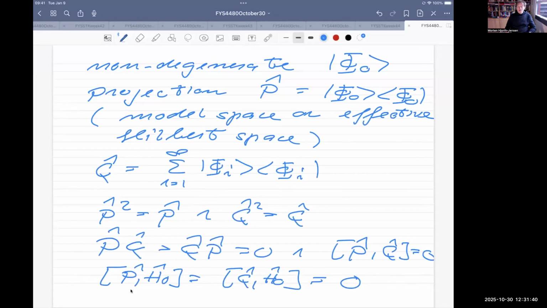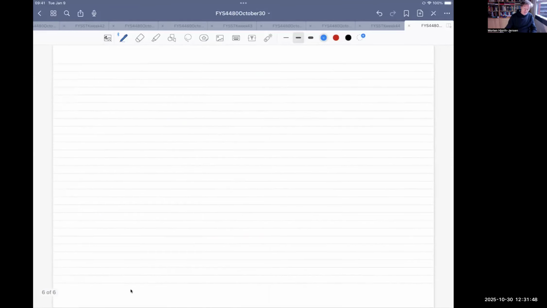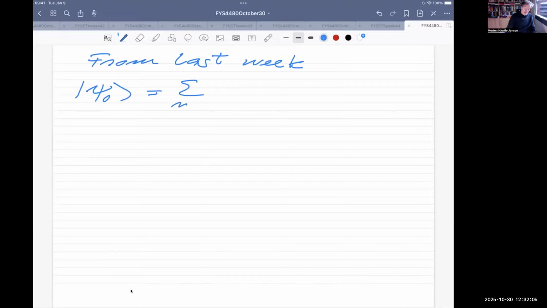Now, what we did last time when we had defined these different quantities was that we could actually rewrite. So I'm just repeating from last time, and this ends roughly the repetition from last week. From last week, what we could find then is an expansion of the exact wave function in terms of these different operators.